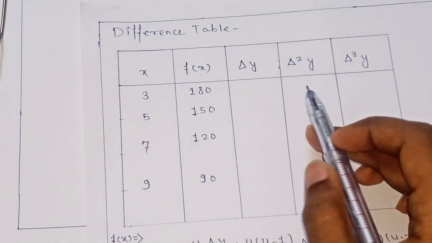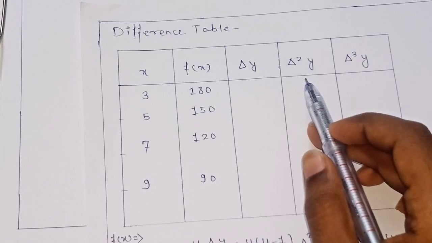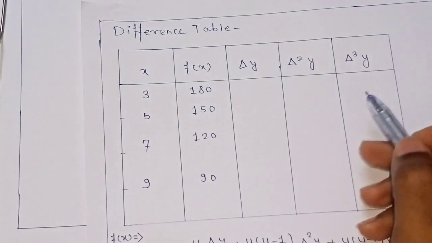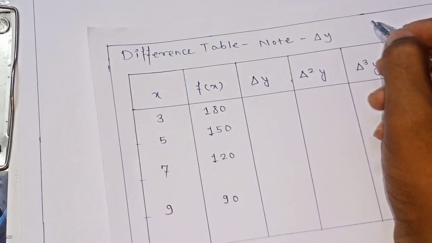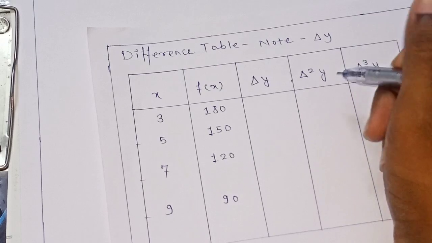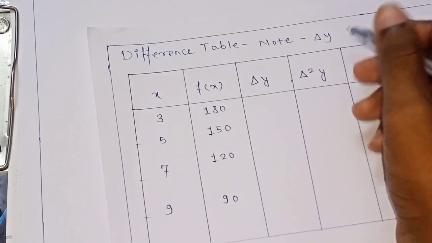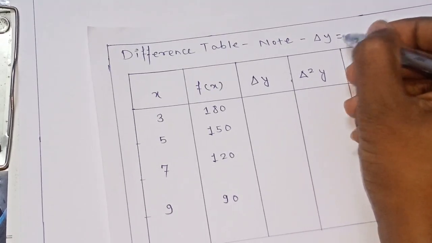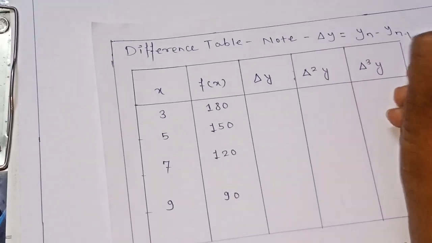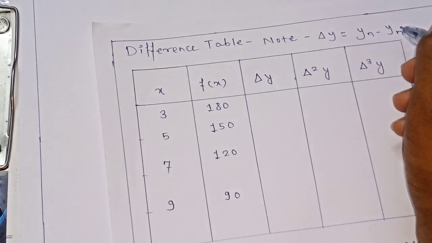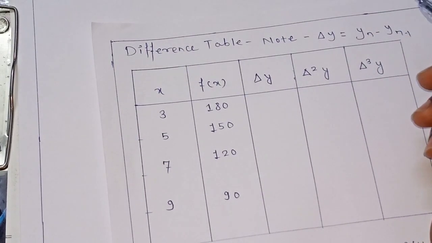The power indicates here the number of times the difference is repeated, not the square or cube. Note that your difference should always be delta y, which is equal to yn minus yn minus 1. You have to subtract the lower valued y from the higher indexed y.